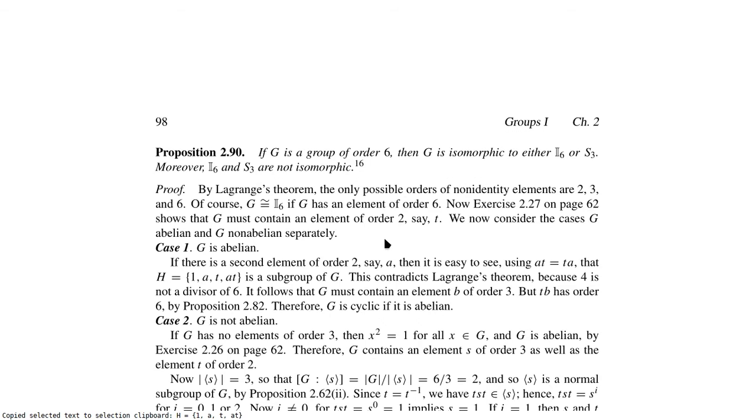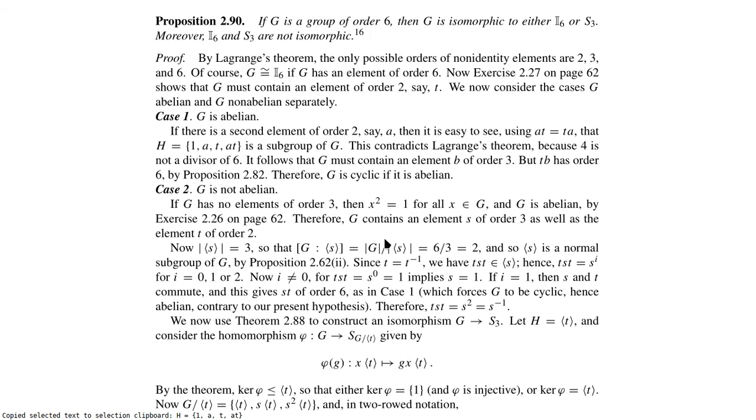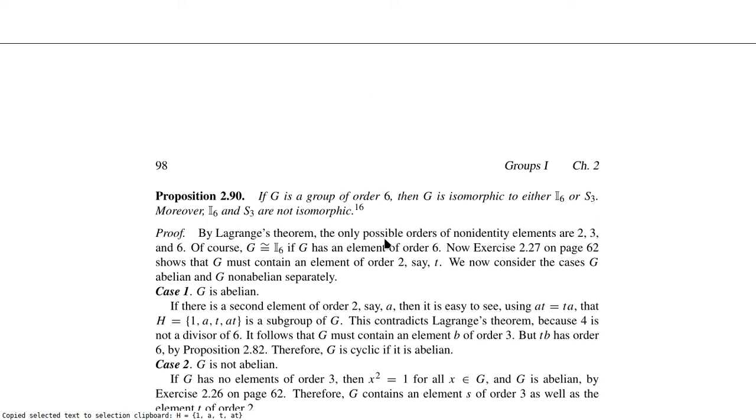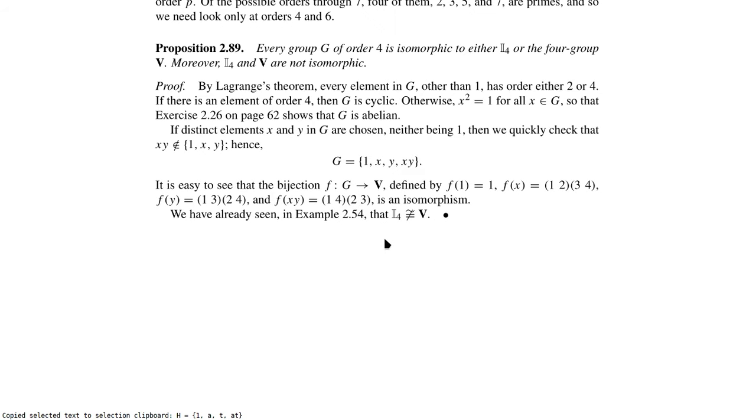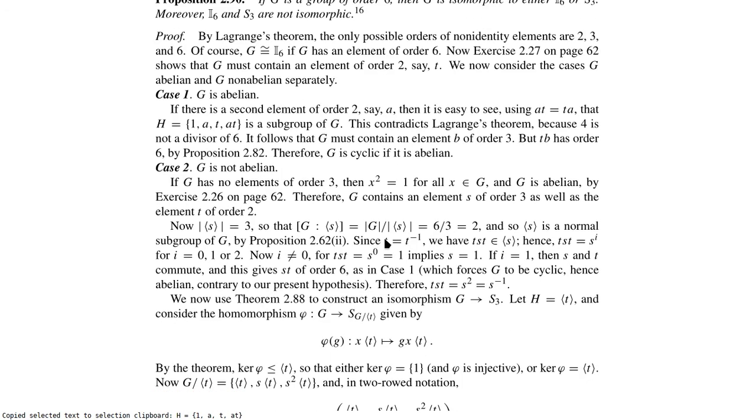So let's get done with this. So G is abelian if and only if you're going to have elements of order 6, which is the order of the group, thus making it cyclic.